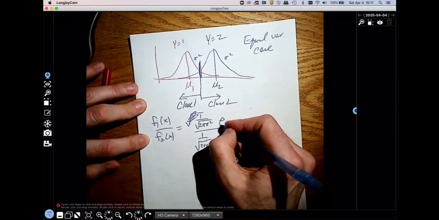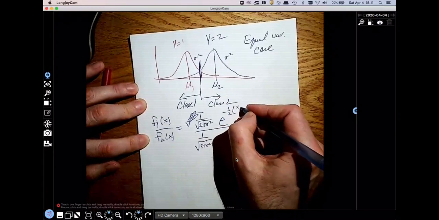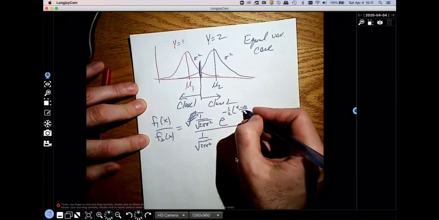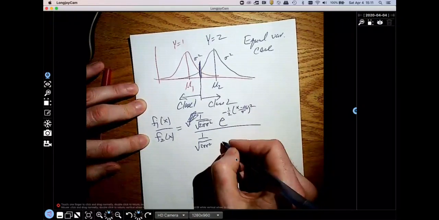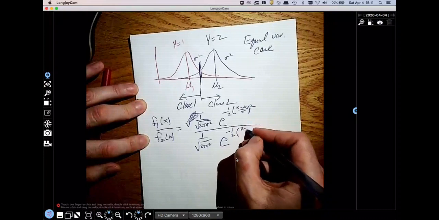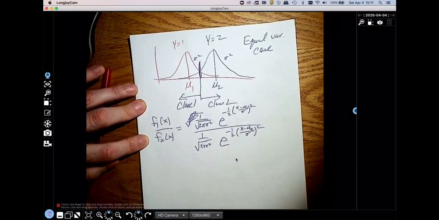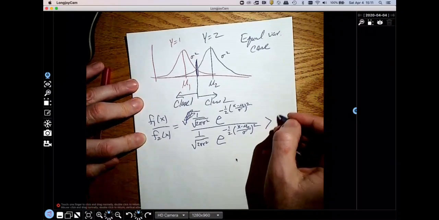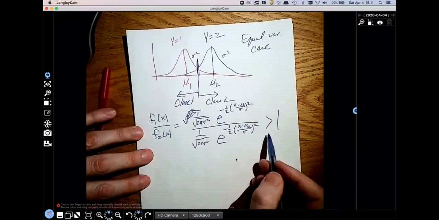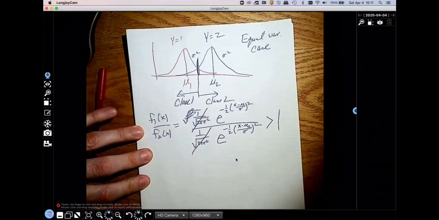Then what we had was e to the negative 1/2 of x minus mu1 over sigma, squared, over e to the negative 1/2 of x minus mu2 over sigma, squared. And that has to be, we're going to assign to class 1 whenever that's greater than 1. So those two terms cross out.